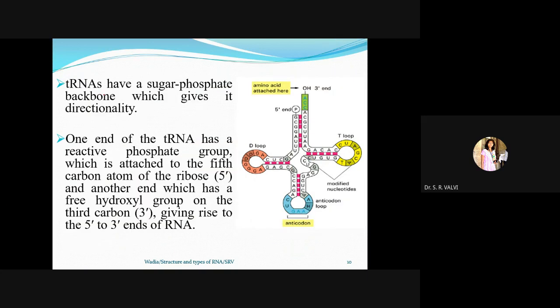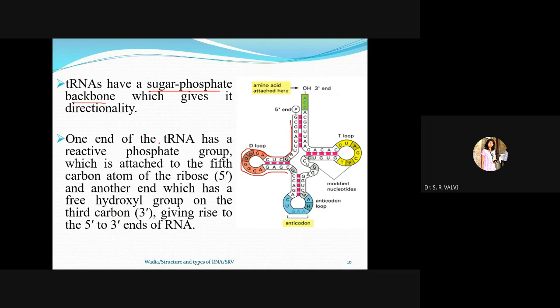Now, tRNA has a sugar phosphate backbone. Whatever backbone you are observing here has the sugar phosphate backbone, which gives directionality, a particular direction to the amino acid.